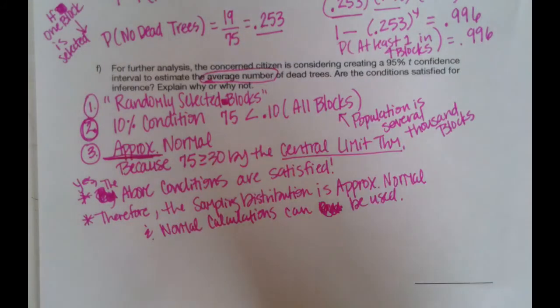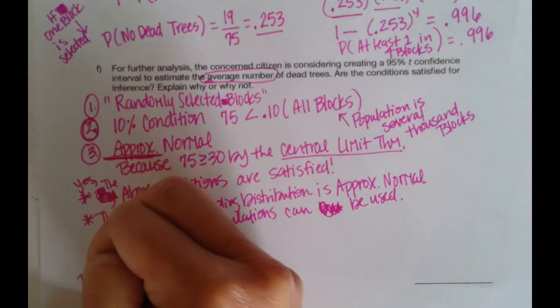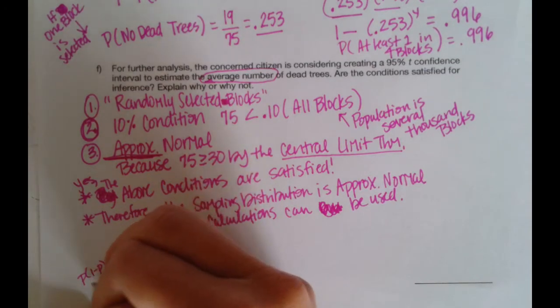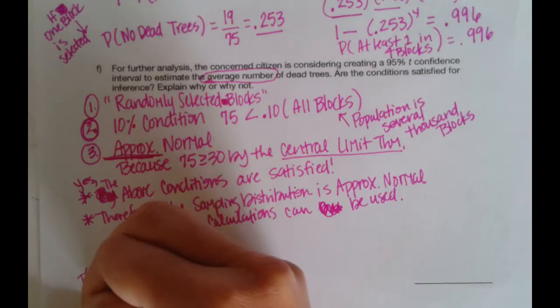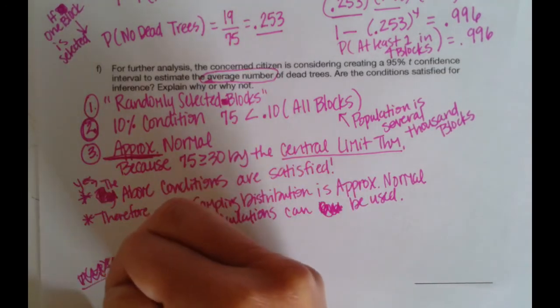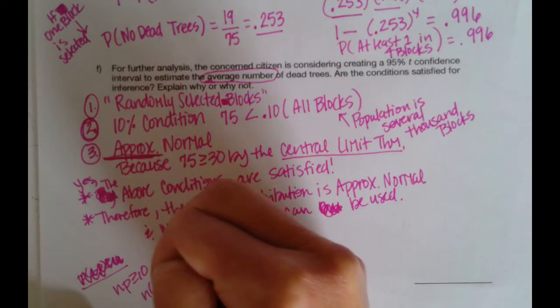Remember, if it was proportions, it's np is greater than or equal to 10, and n times 1 minus p is greater than or equal to 10.